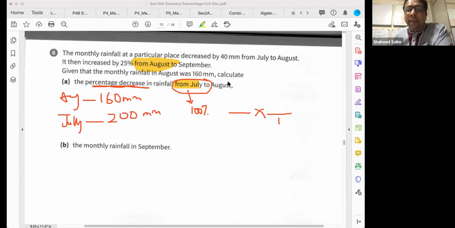Decrease is 40 mm. Put 40 here. Then what do you know the percentage of? I know July is 100%. July 100%, 200 mm. Put 200 here. Why I don't put 100 here? Because as I tell you, you put mm here, below must be mm. Then what is the corresponding one? 100. Okay, you find out what's the answer then.